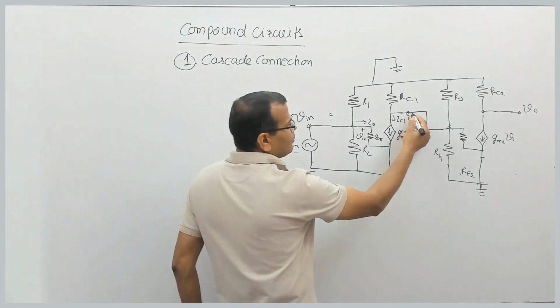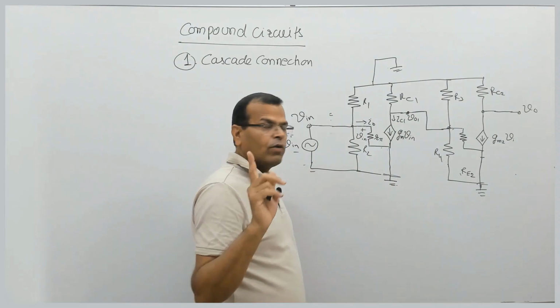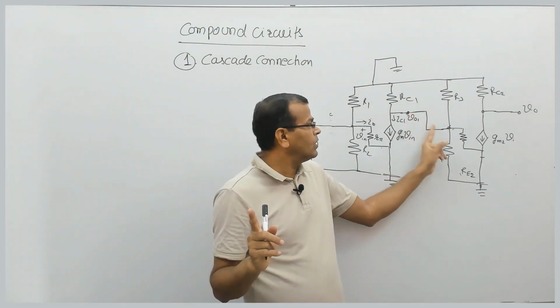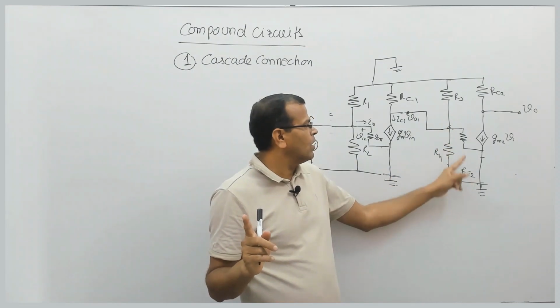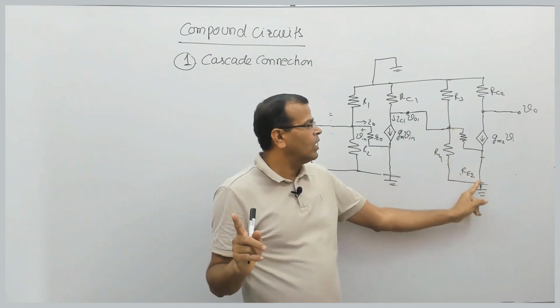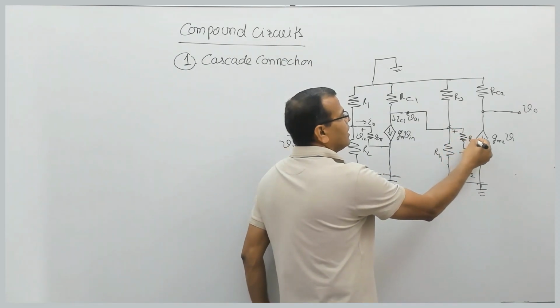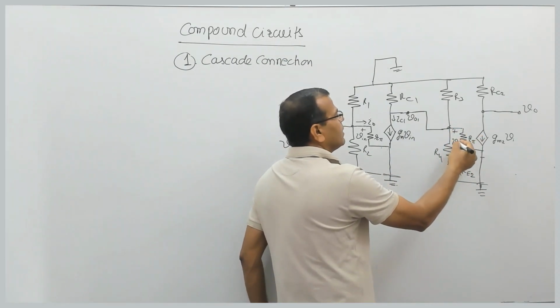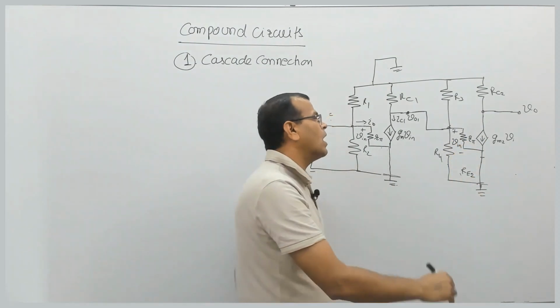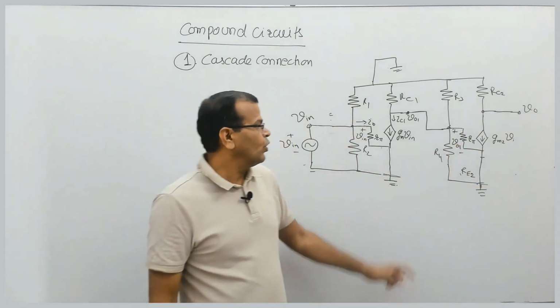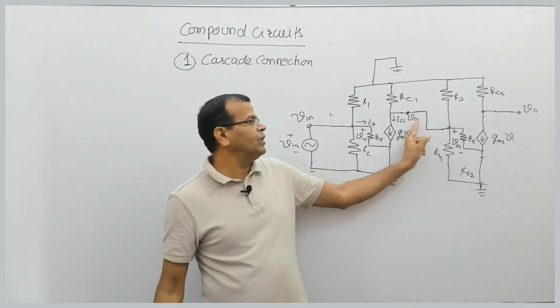Remember, the voltage at a node is always with respect to ground. So this V01 is nothing but a voltage with respect to ground, and this resistance is connected to the ground. So the voltage across this resistance, that is r pi, is nothing but V01, not V in, V01. So the input to the next stage is V01.